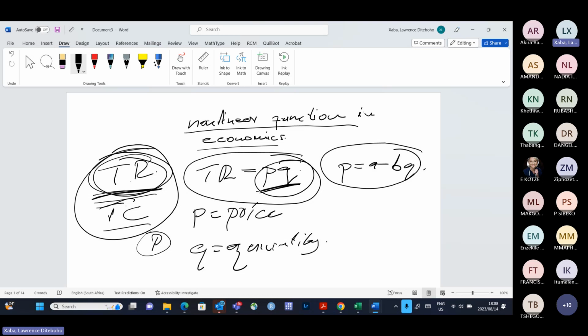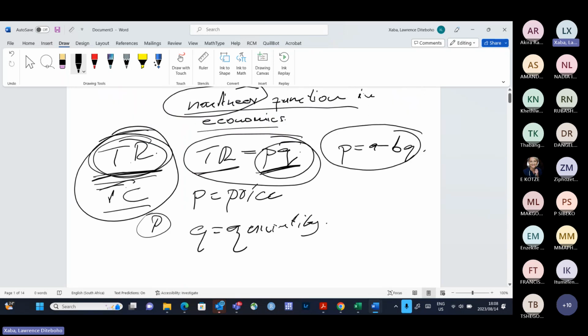Now remember, I said that with nonlinearity we are dealing with complex equations, or solving complex problems. So what we want now is a quadratic equation of total revenue, where total revenue is equal to P times Q, which is your price times your quantity.